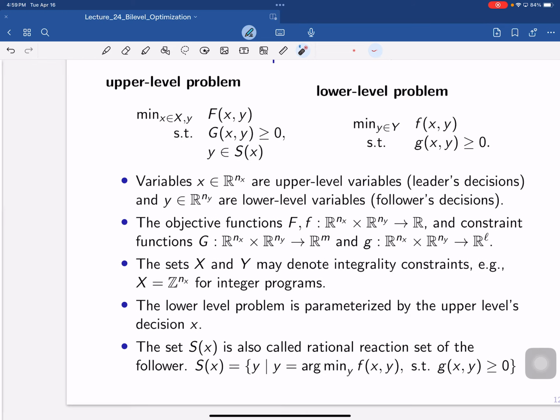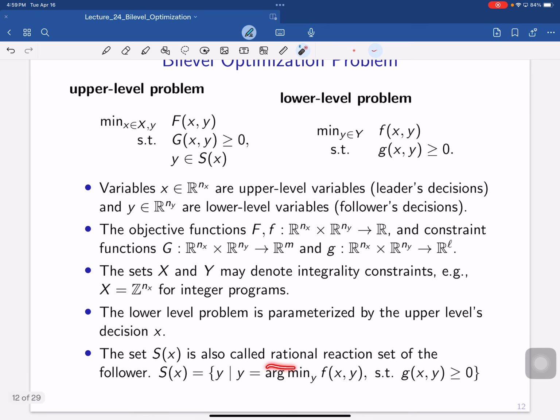This set is called a rational reaction set. The rational reaction set is defined as follows. For given X, this set will represent the Y's that optimize the follower's problem, and y has to be in this best response set.